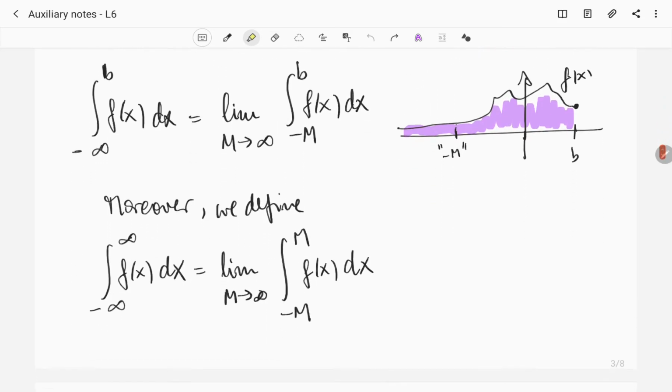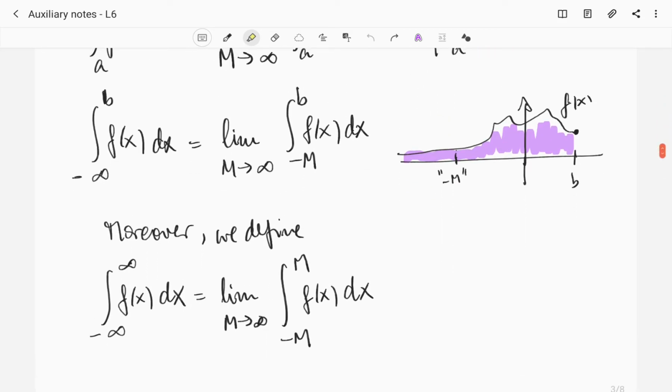Okay, so those are our improper integrals. And one more definition, if we have both extremes of the integral equal to infinity, like minus infinity and infinity, here in this course, there are more ways to define this notation, but we are going to take this definition.